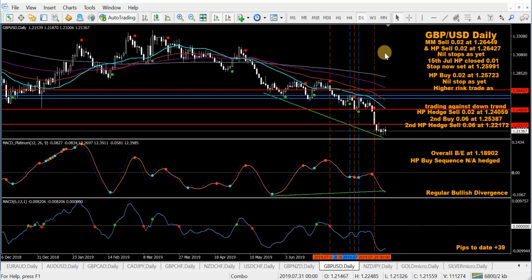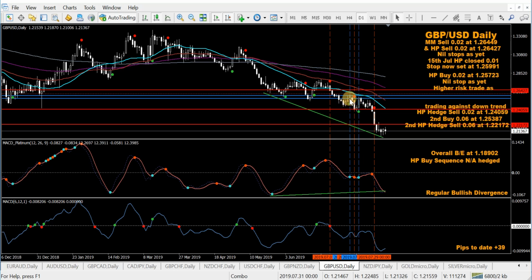Oh, hang on a sec. Start again. You can read my notes here, but I'm just going through it. So, yeah, oh yeah, that's right. I took an HP sell and an MM buy on the same candle, hence the same price. I've closed half the HP sell out and the stop is in place, the red dotted line.